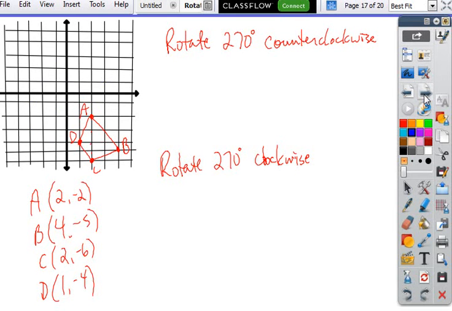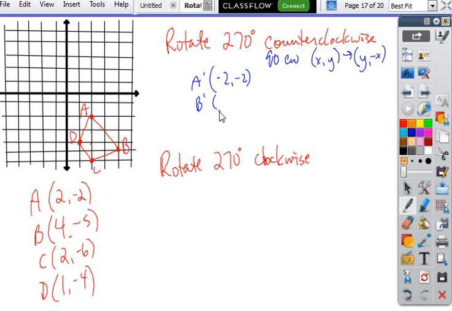All right, the rule for 270 counterclockwise is the same as 90 clockwise, which says, say again? Change X and swap. Change X and swap. So I should be doing this right here. So I'm going to take the A and get negative 2, negative 2. B is going to become negative 5, negative 4. C prime is negative 6, negative 2.